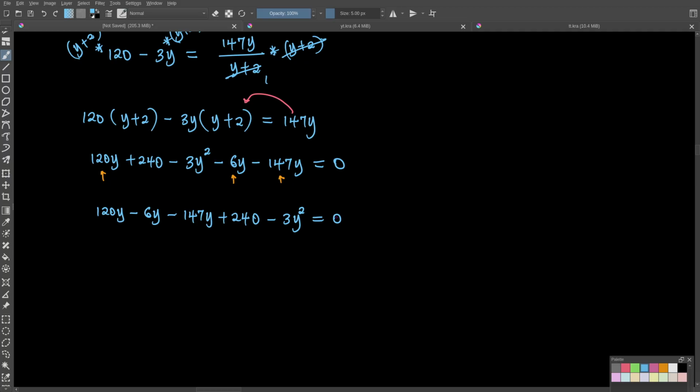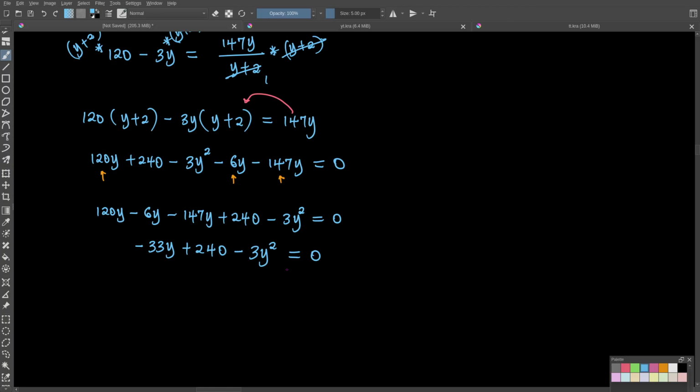So let's do 120 minus 6, then minus 147. That gives us negative 33Y plus 240 minus 3Y squared equals 0.